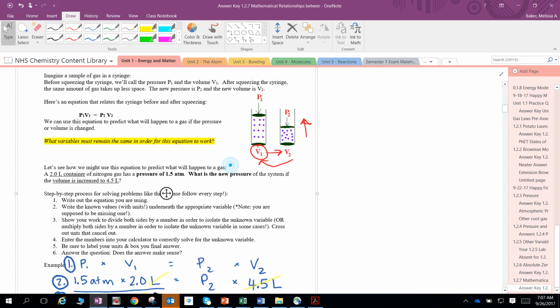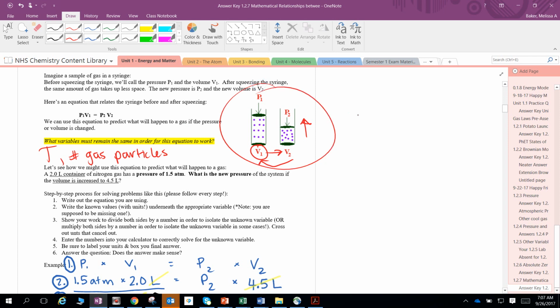And in order to make this equation work, you need the temperature to stay the same and the number of gas particles. Those things need to be constant. And so you can see with the syringe, you're assuming that you're doing this at room temperature, and we're never changing how many gas particles are inside.